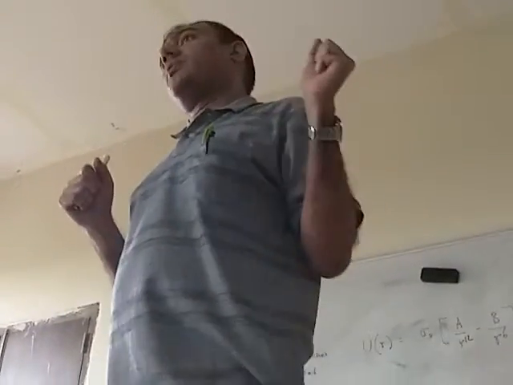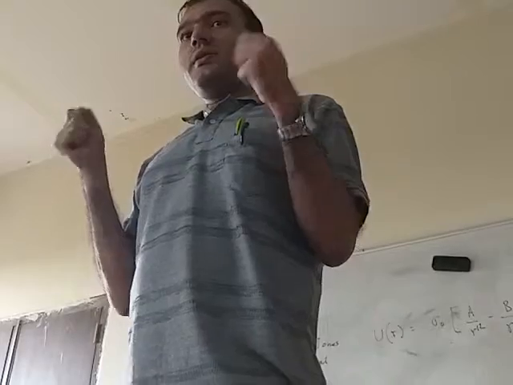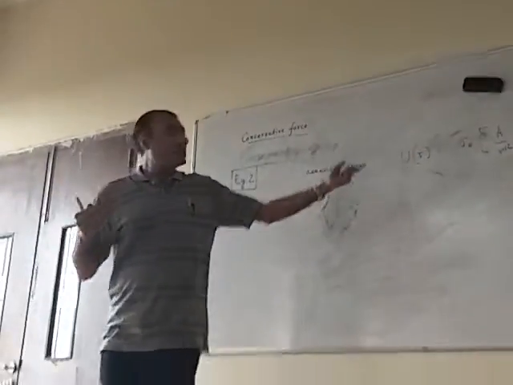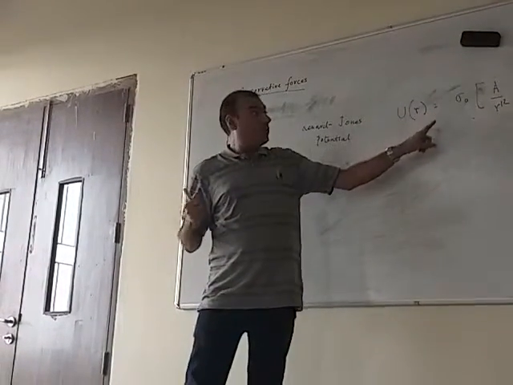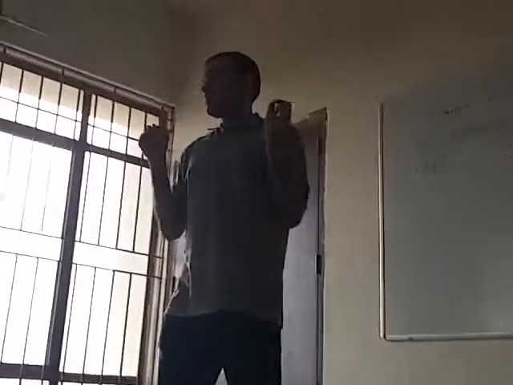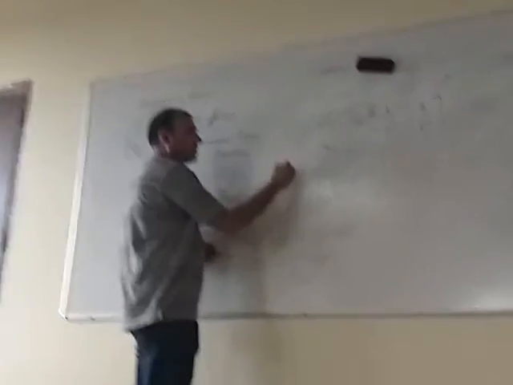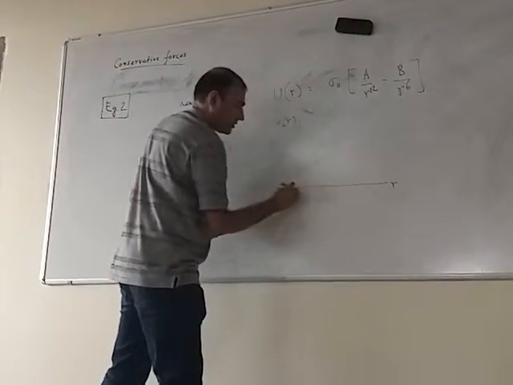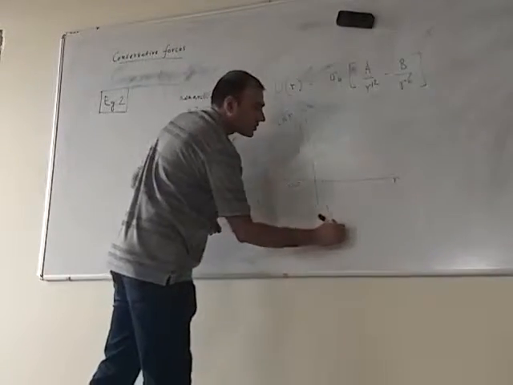Suppose you have a diatomic molecule where the interparticle interaction, the potential energy, can be written as this kind of a function, where r is the distance between the two molecules. So if you plot this function, U of r as a function of r, this is r equal to 0, and the function will look something like this.